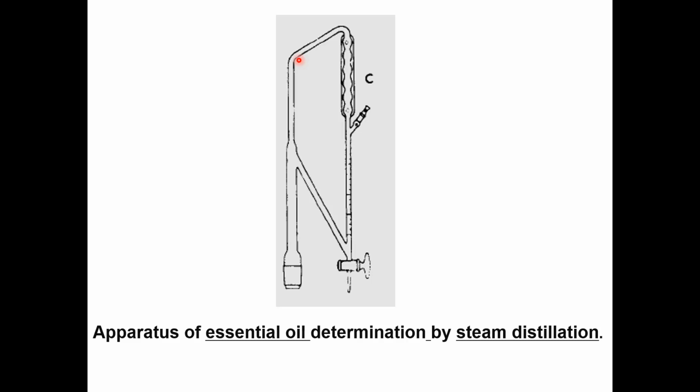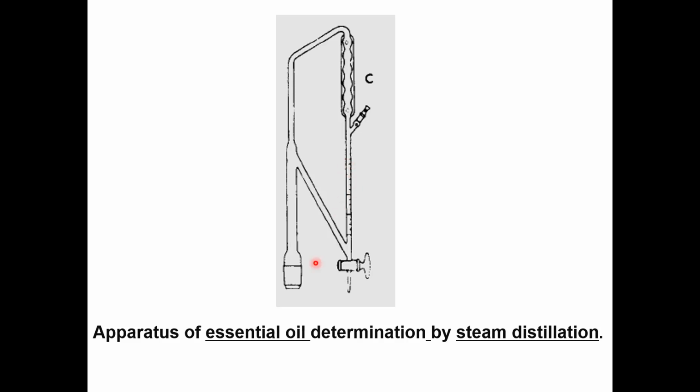This is a sketch of the Clevenger apparatus, in which we mix the herbal drug with water in a flask fitted into this apparatus, and heat on a water bath, heating mantle or sand bath. In this case, the oil will co-distill with water, condense and be separated as a layer in this graduated tube.